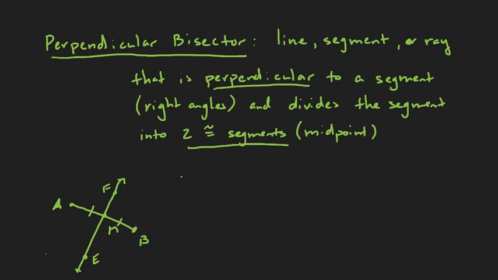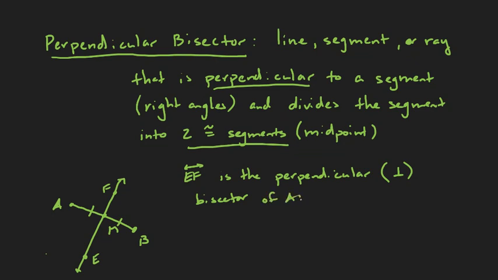So what this picture is showing me is that line EF, and again, you'll see me use the upside down T, is the perpendicular bisector of segment AB. Notice the different terminology. Which one's the line? Which one's the segment? Oh, I'm sorry. Miss Chappell, you got to draw the right angle box.